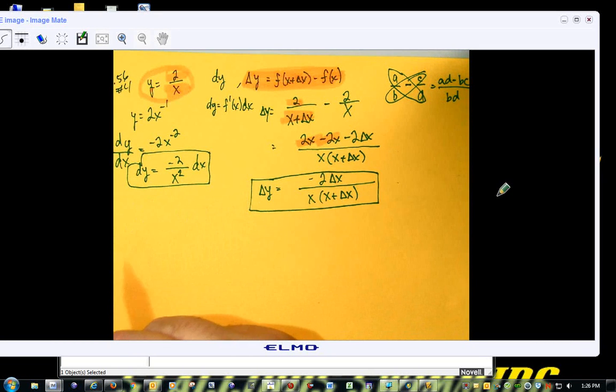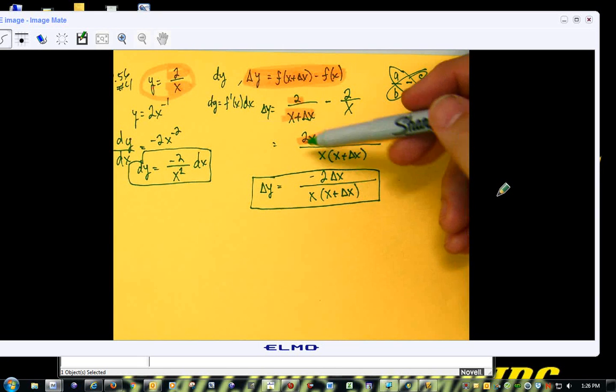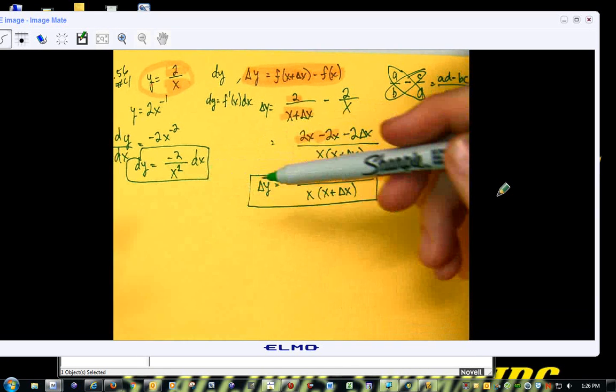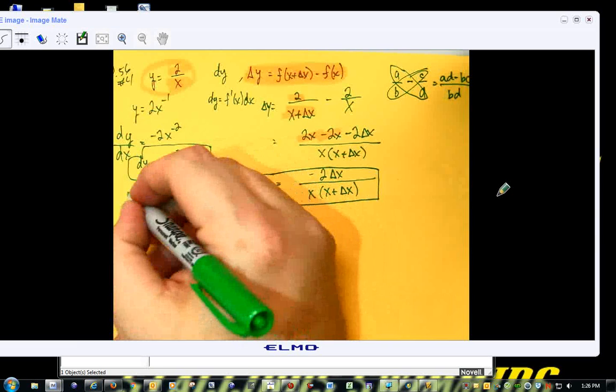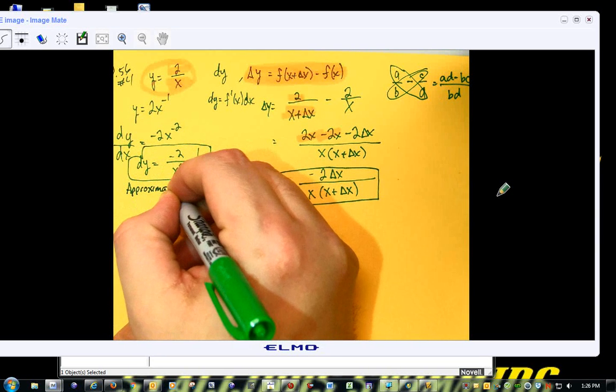Now, like I said, this is a little bit uglier than what we had over here. This would be nice. But here's the deal. This is an approximate change in y.